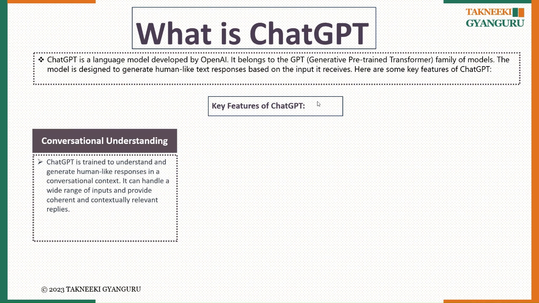The conversation is contextual and coherent. If we are talking about a political topic, it will stick to the political side and give you answers based on that. So that is conversational understanding.